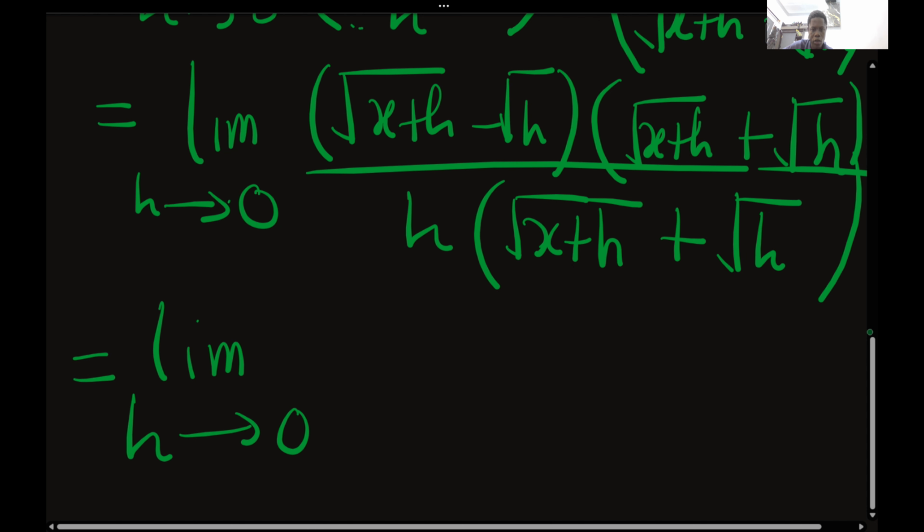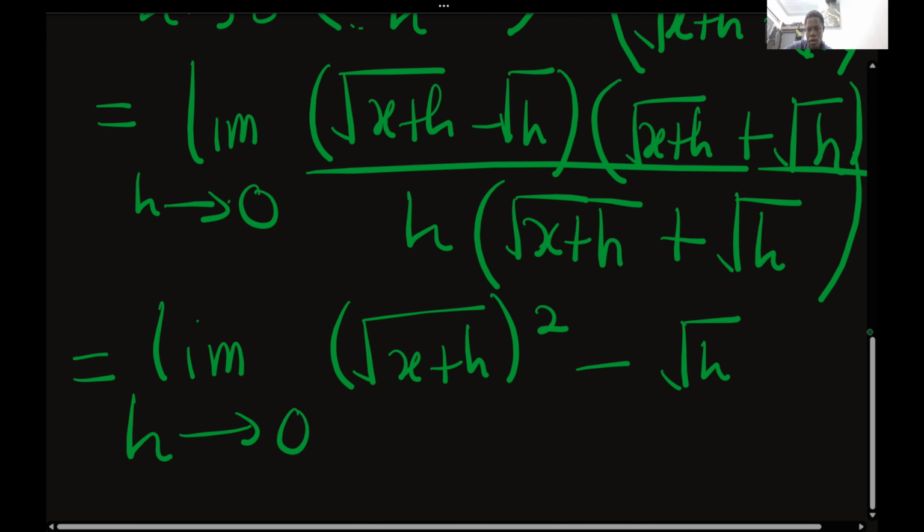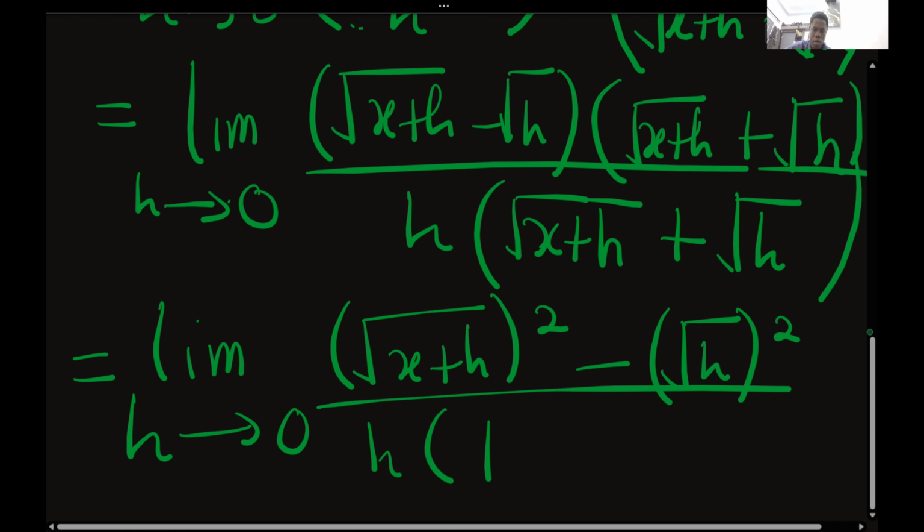So we take the first one, which will be square root of x plus h, then squared, minus square root of h, also in one bracket, then you square it nicely, all over h multiplying square root of x plus h plus square root of h.